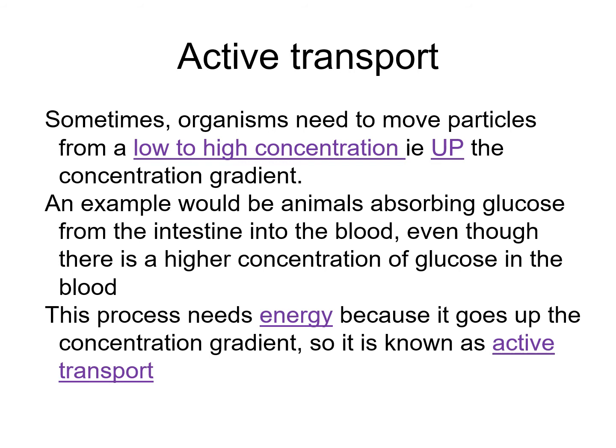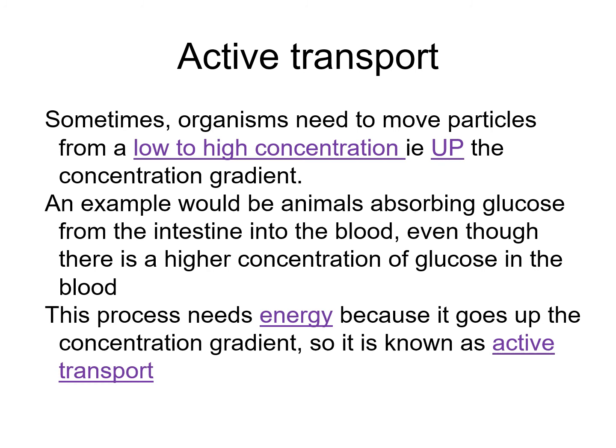But sometimes, even when we've got glucose in our blood already, we want to absorb more of it from our intestines. We might have a very low concentration of glucose in our intestines, but still we want to move that glucose into the blood.